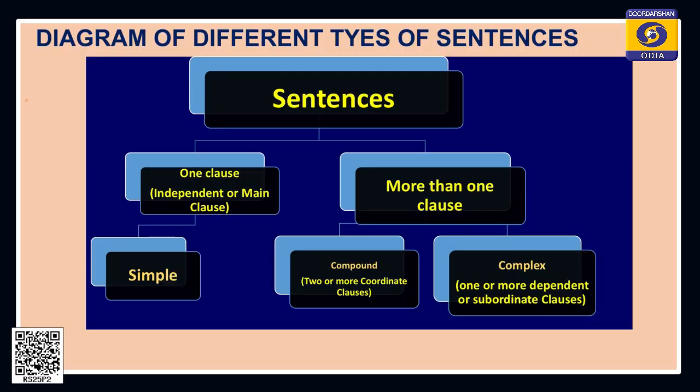So, look at the diagram, the repetition. Sentence, one clause, independent, that is a simple sentence. More than one clause, and if coordinate clauses, they are compound.